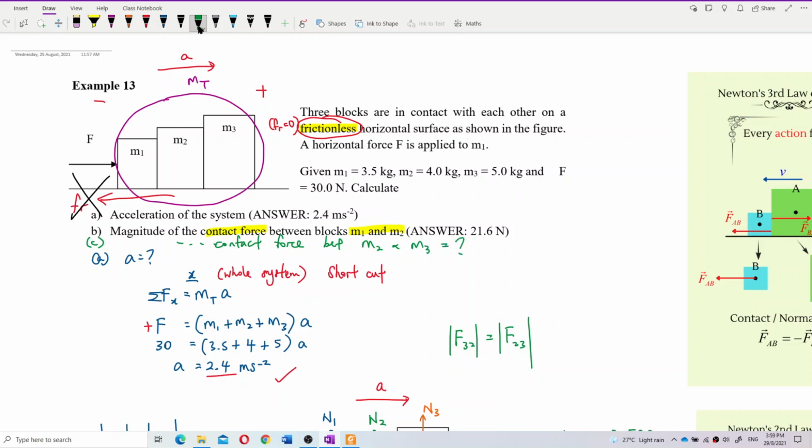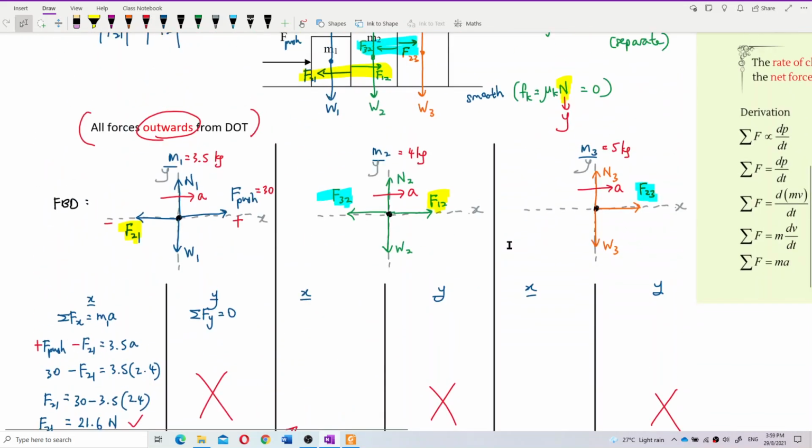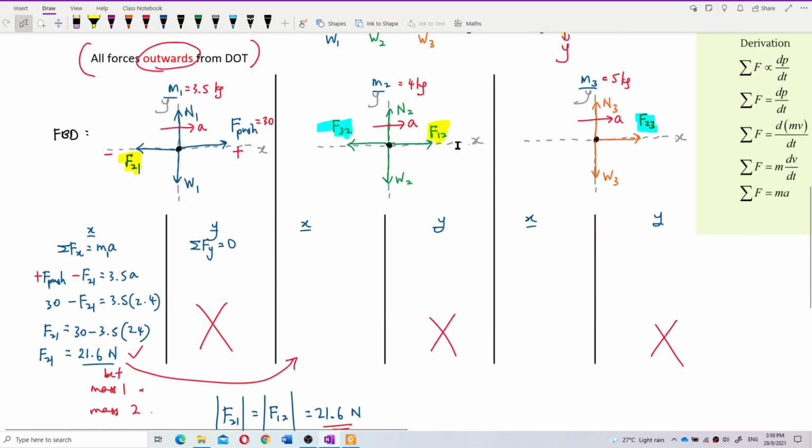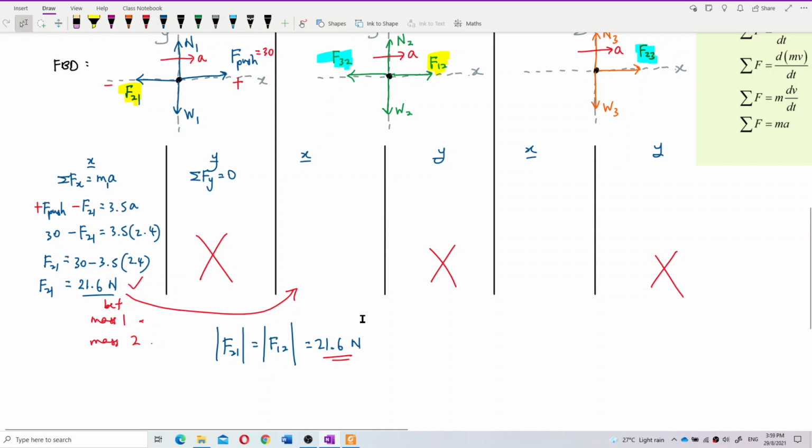So what is the contact force between mass 2 and mass 3? You need to begin with mass 2 or you begin with mass 3. Okay, so let's do it.